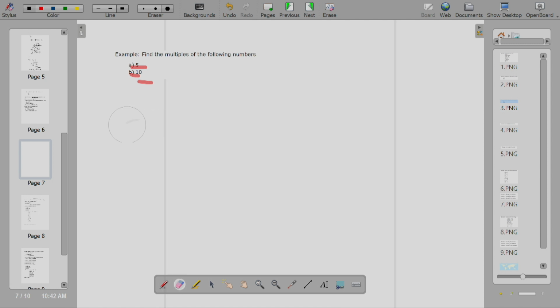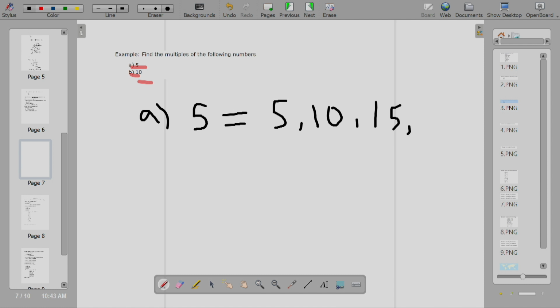The multiples of number 5 equal 5, 10, 15, 20, and continue. So the difference between them is 5.